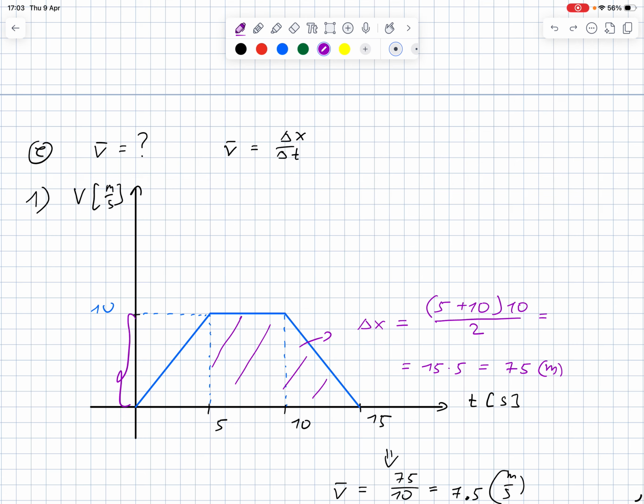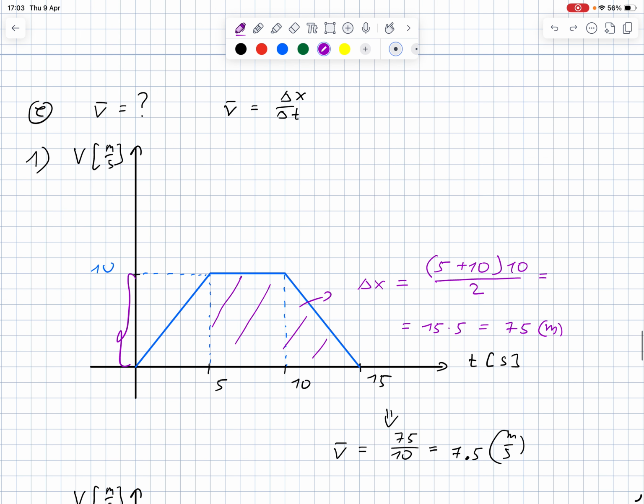And eventually delta x equals 75 meters. Now, finally we can calculate the average velocity, which by definition is delta x divided by delta t. Again, delta t is 15 minus 5, so it's 10. So finally, the value of average velocity is 7.5 meters per second.